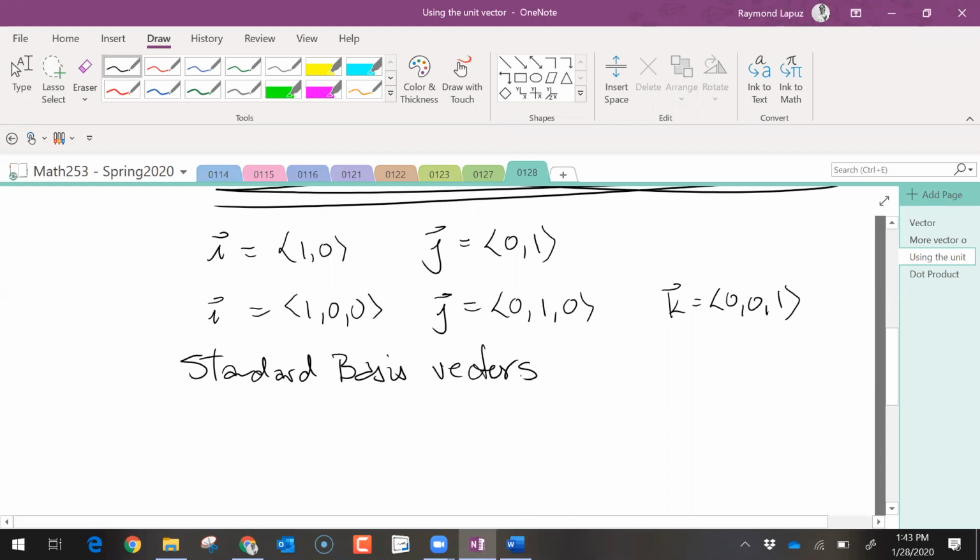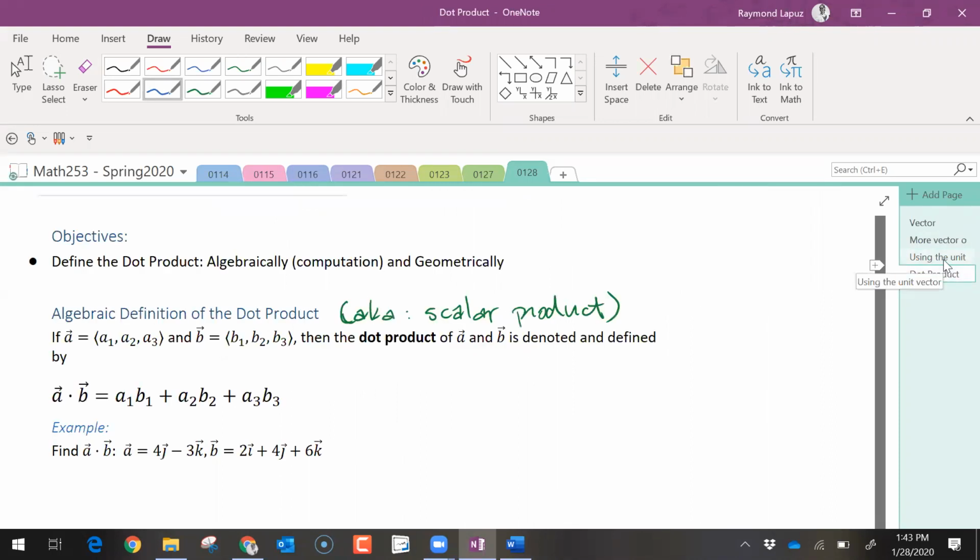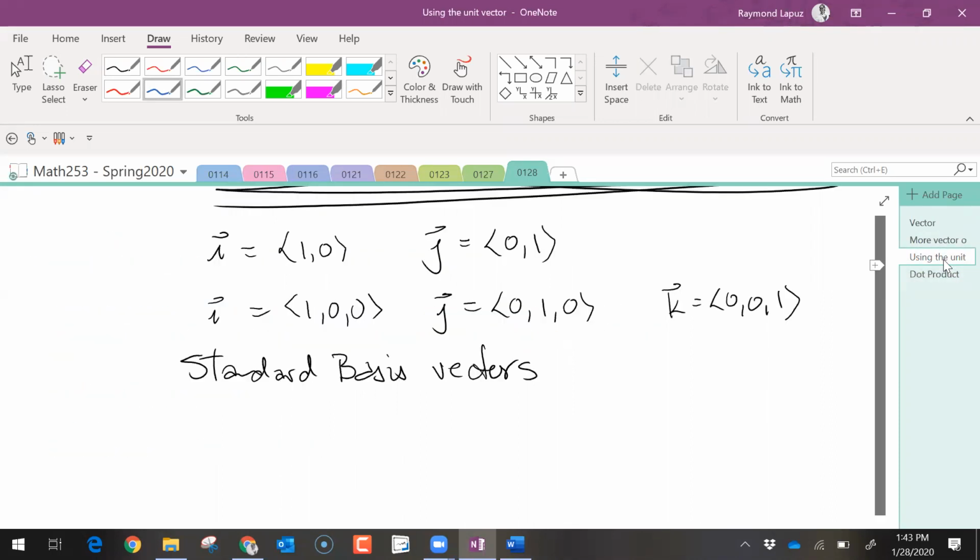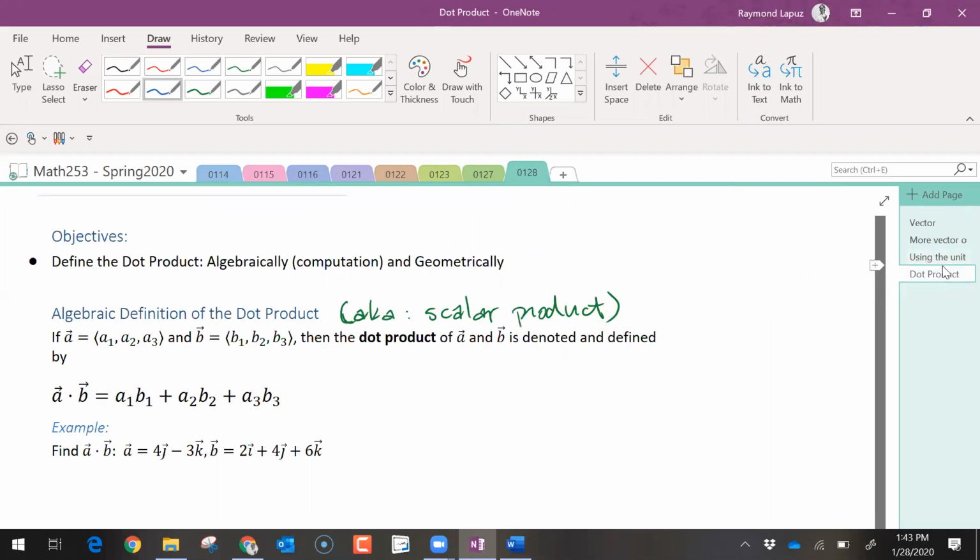And they're called the standard basis vectors because you can write any vector as what they call a linear combination of these vectors. So let's do 3D here. And let's take, for example, let me take a peek at the dot product example.